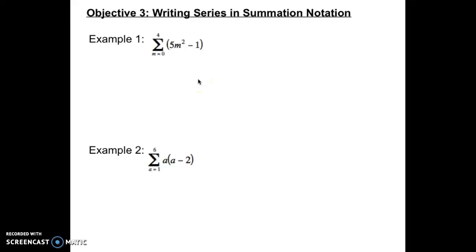The final objective in part 3 is called writing a series in summation notation. All of the examples on your page have the sigma, and the sigma means sum.